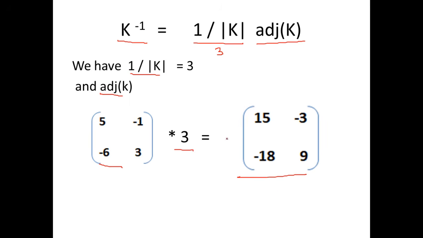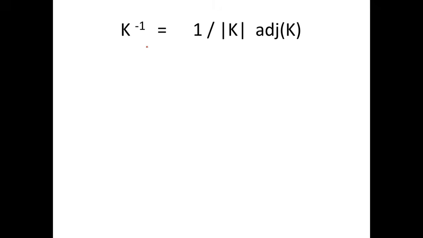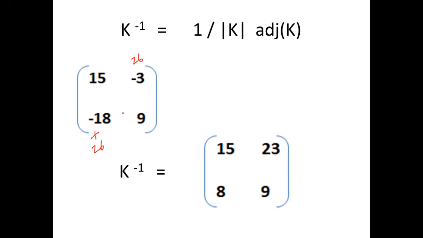Still we are not done with the computation of K inverse. There's one more step remaining. Since we have negative numbers here, whenever you have a negative number you just add 26 to avoid the negative number. So I'm just going to add that with the 26 here. So what will be the result? 15, 26 plus minus 3 will be 23, and minus 18 plus 26 will be 8, and 9.